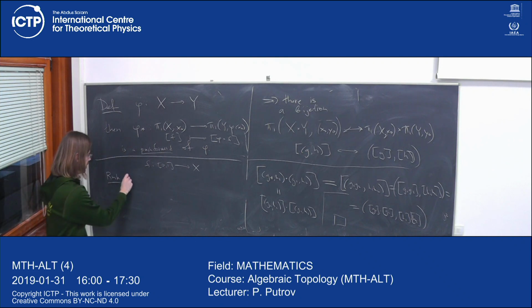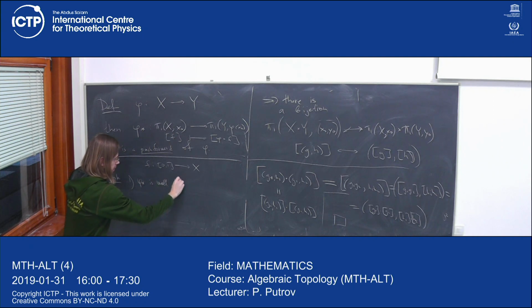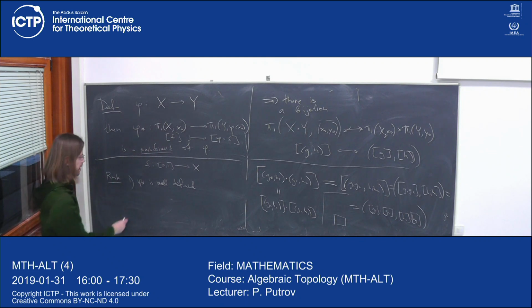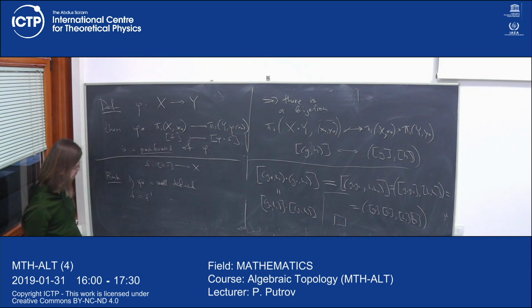The first remark is that phi star is well defined. Since in this definition we use some particular representative f, we want to show that this is not dependent on the choice of representative.